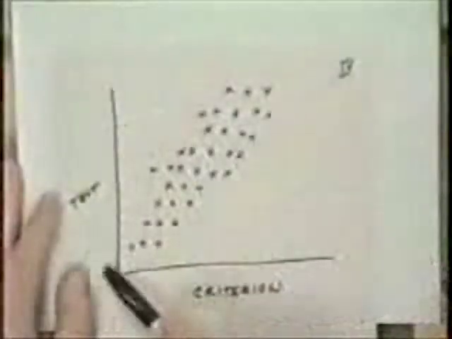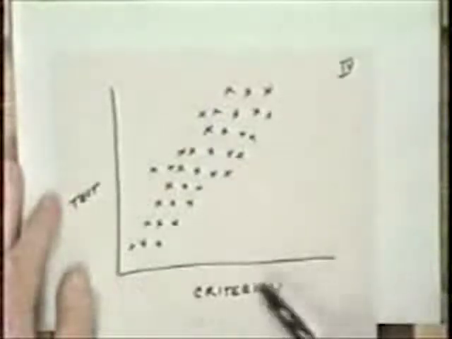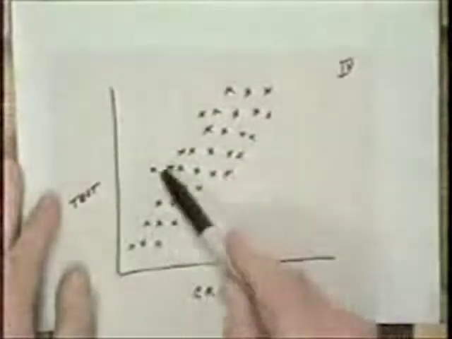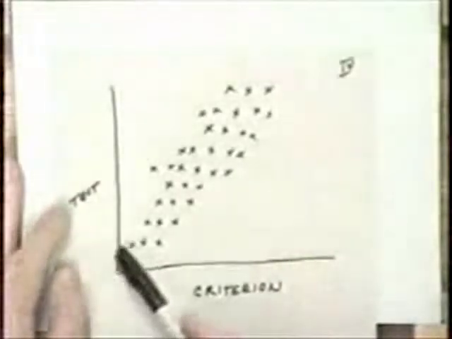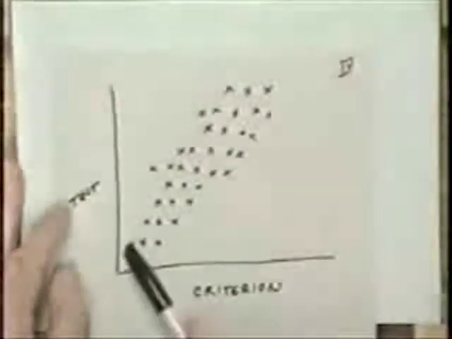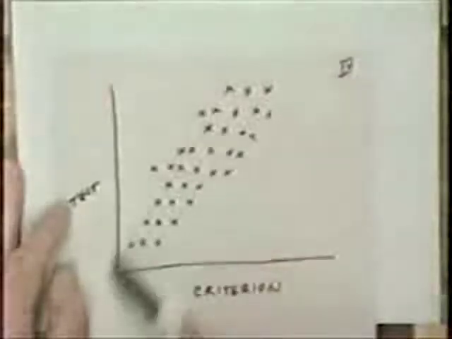If we take a look at kind of a sample here, we can see that we plot the test on one side with the criterion measure on the other side, and we get these little X's, and these little X's indicate the score that the person got on the test and the score the person got on the criterion measure.